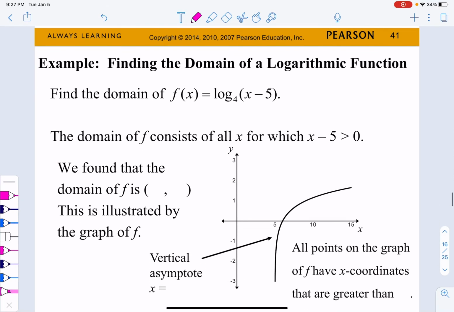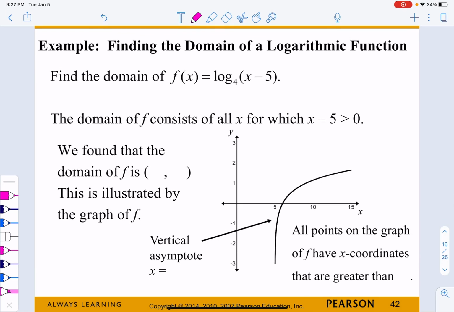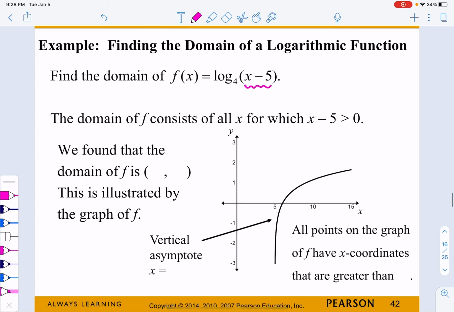So an example, finding the domain of a logarithmic function. Find the domain of f of x equals log base 4 of x minus 5. It says the domain of f consists of all x for which x minus 5 is greater than 0. Where is that coming from? In terms of our domain, our input values, what can we plug in for x?